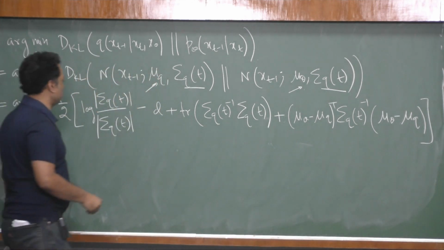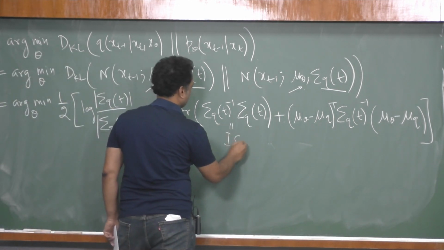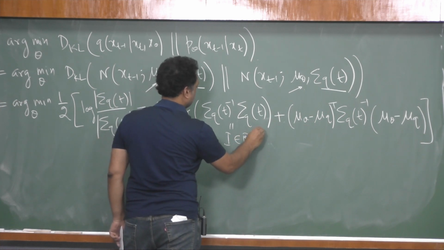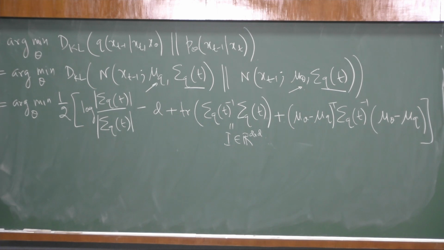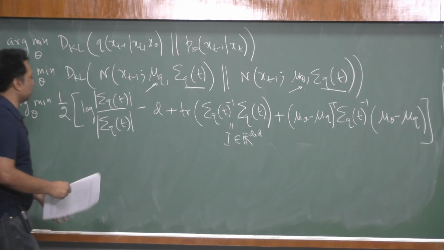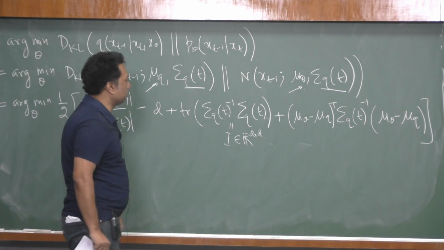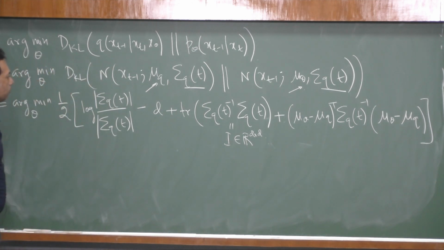If you take the trace of this, the sum of the diagonal entries, then it will be d. So this d and that d get cancelled, and then we are left with the last term.